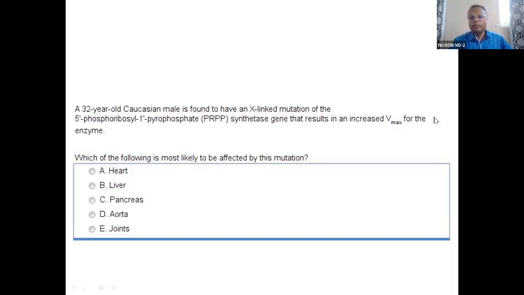When Vmax, the maximum velocity, is very high, what happened? You'll have more PRPP and more production of purine. And more production of purine means more uric acid. Is that right? That's right.